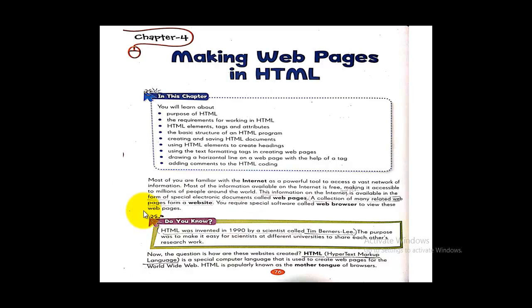Nowadays we all use the internet. You may be using the internet on your smartphone, even on your laptop or desktop, also on your personal computer at home. We all use the internet on our smartphone.